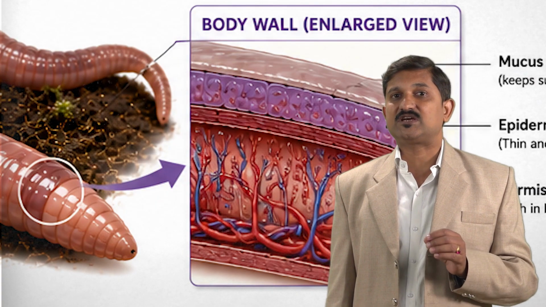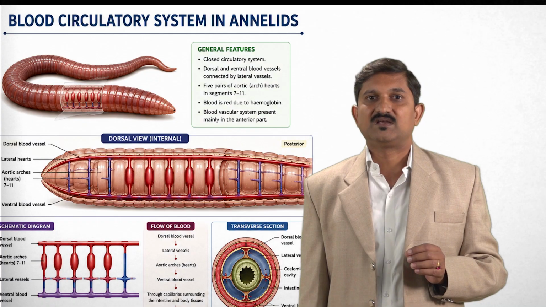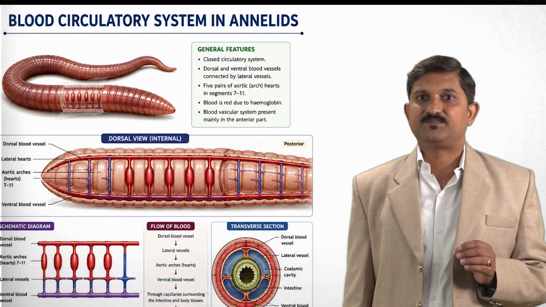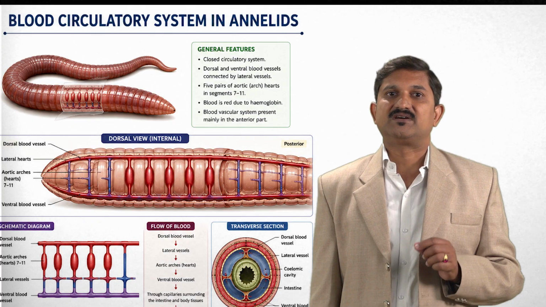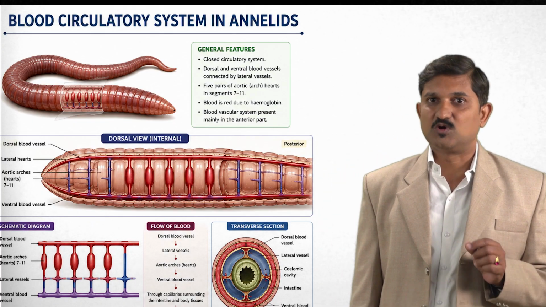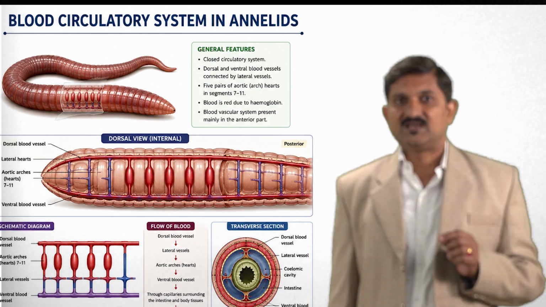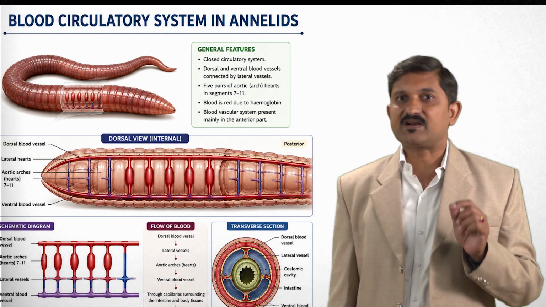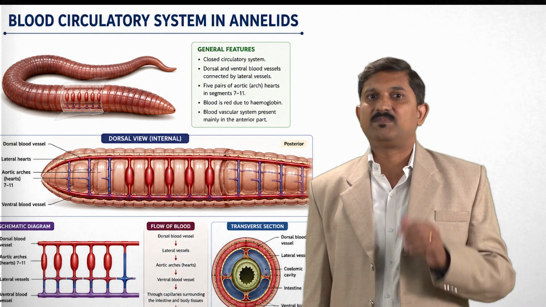The blood circulatory system or blood vascular system is of closed type, and the blood is red due to the presence of respiratory pigment, hemoglobin or erythrocruorin. These blood pigments or respiratory pigments are found dissolved in the blood plasma.